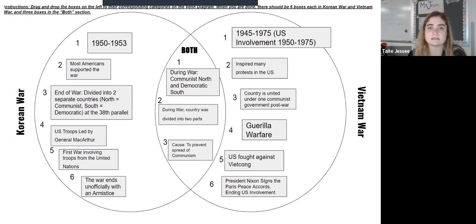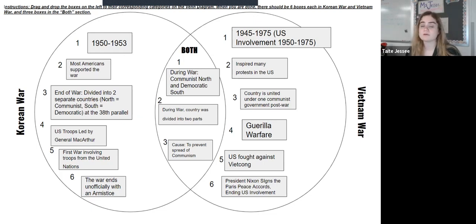For differences, the easiest one to remember for most students is the timeline. The Vietnam War is a lot longer than the Korean War. In the Korean War, U.S. involvement is only about 3 years, from about 1950 to 1953. It is very short, and we'll explain why in a second.